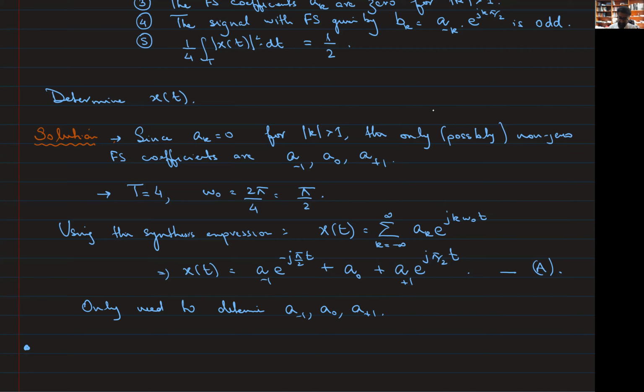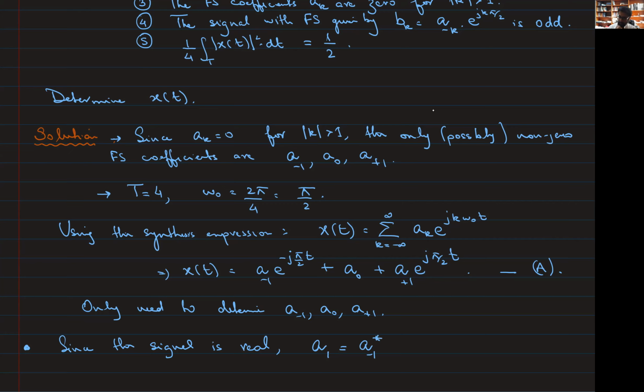Since the signal is real, what can I say about the coefficients, these A minus 1, A plus 1, and A naught? Ibrahim. Sir, they are conjugate symmetric. Conjugate symmetric, A1 and A minus 1 are conjugate symmetric. Right. So that means A1 would be equal to the conjugate of A minus 1, right?